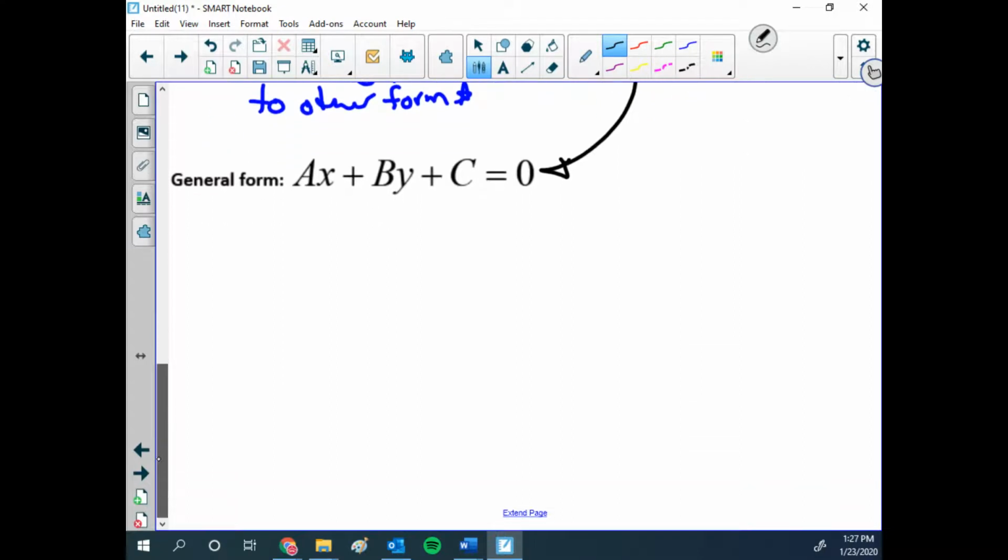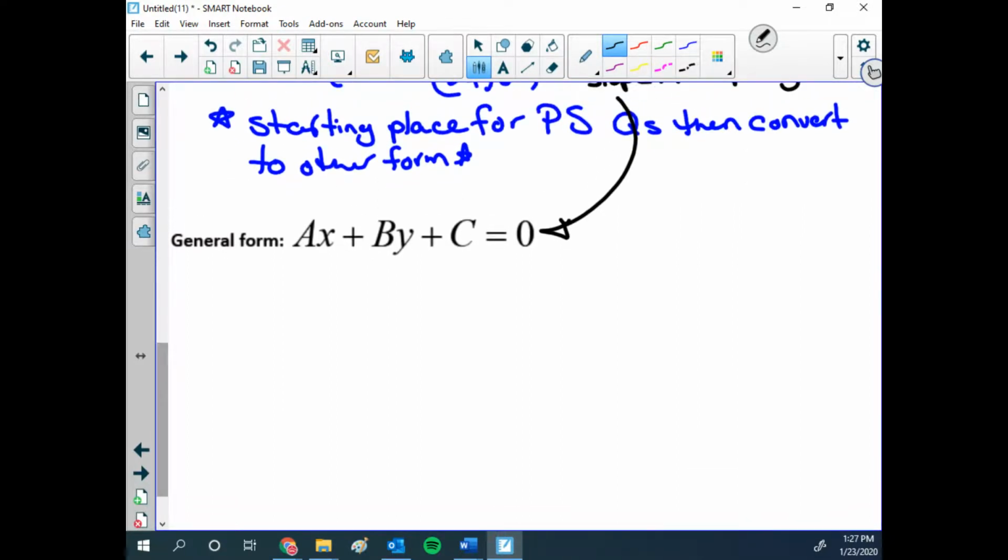General form is the last form of the line. You'll be given that on the test, but you still have to remember some of the stipulations for general form. General form is kind of unfortunate. It doesn't tell us anything about the graph, which means you can't just jump into general form.